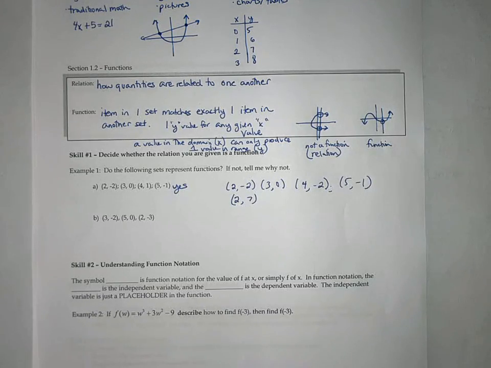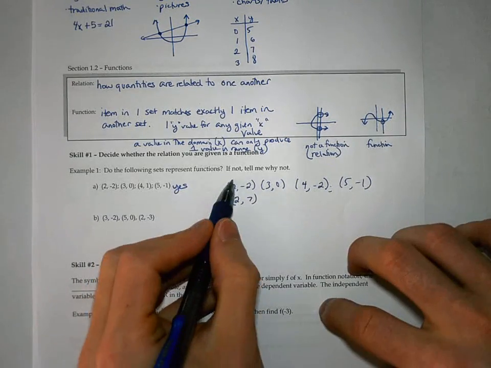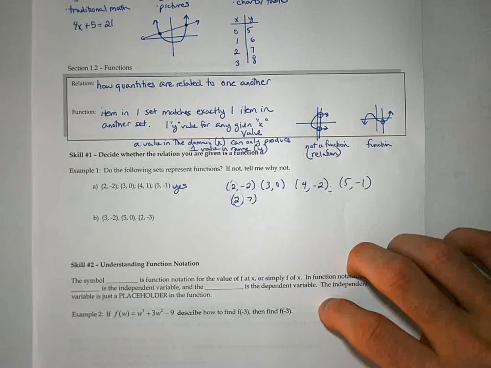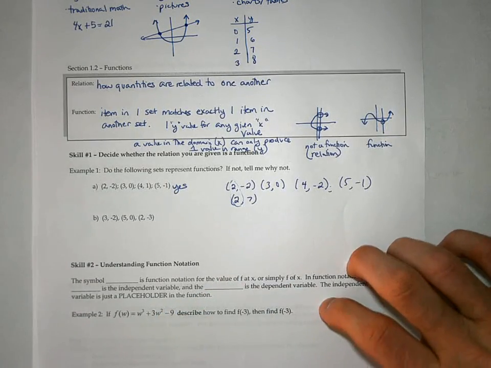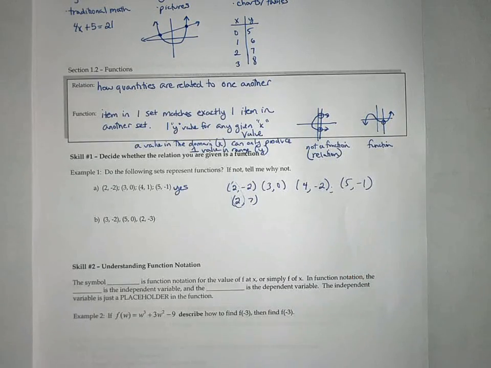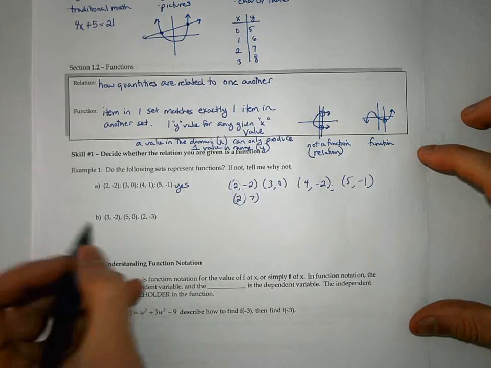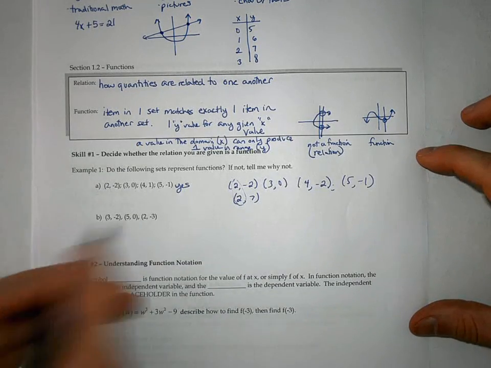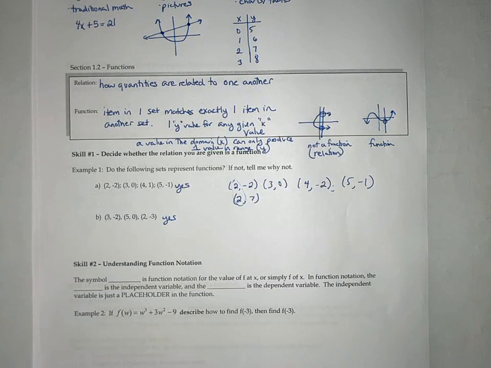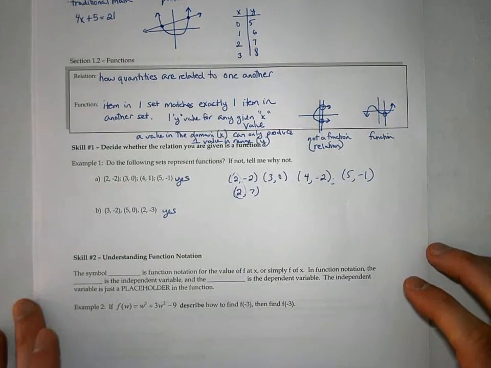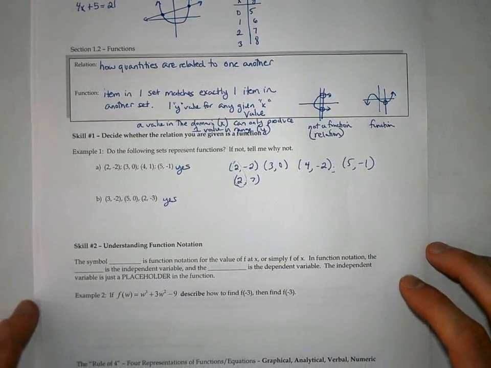The reason this one would not be a function is this part right here: the fact that my 2 goes to a -2 and a 7. So my x goes to two different y values. So that would be something that's a relation and not a function. The second example here, 3, -2, 5, 0, and 2, -3. Yes, that one is a function as well.